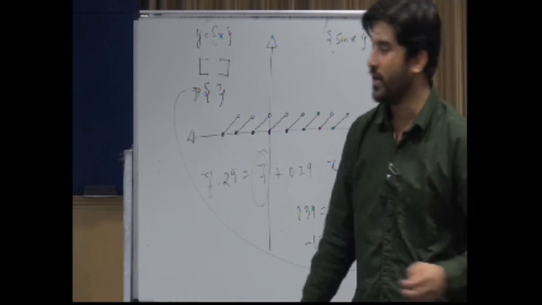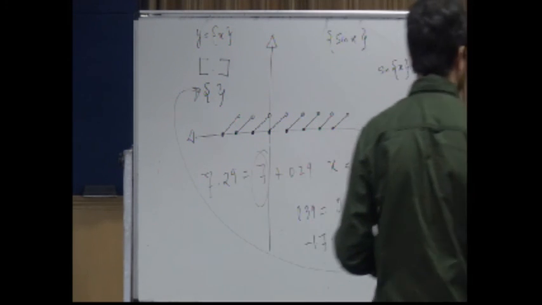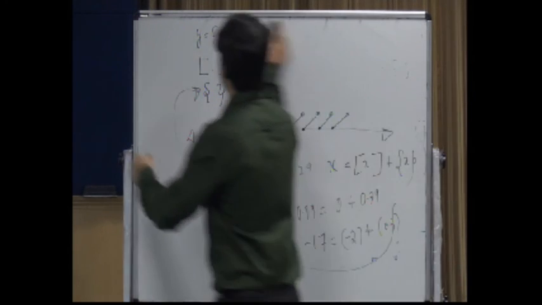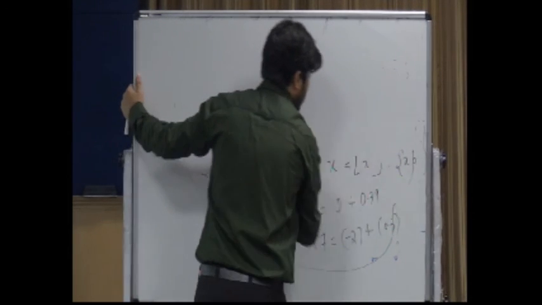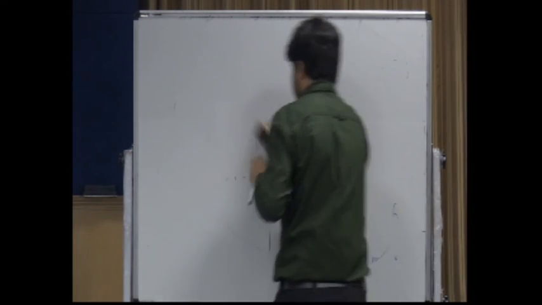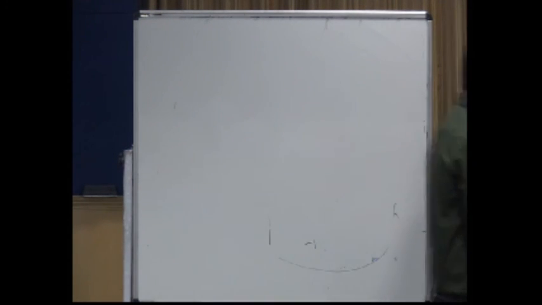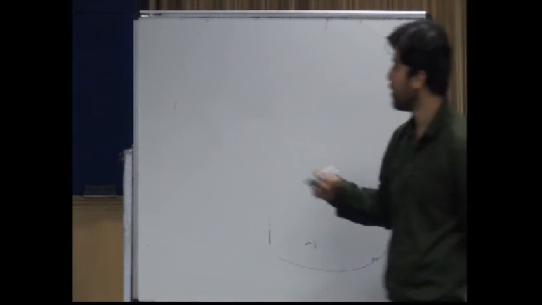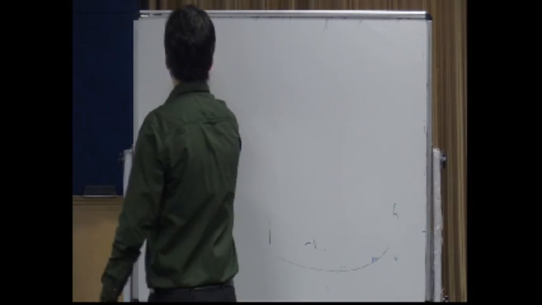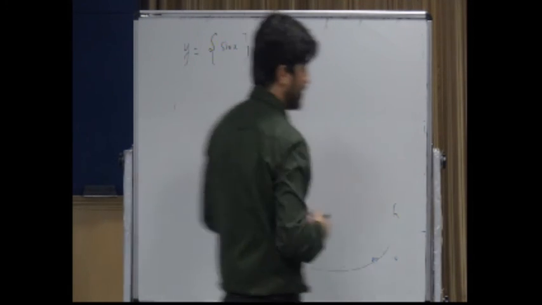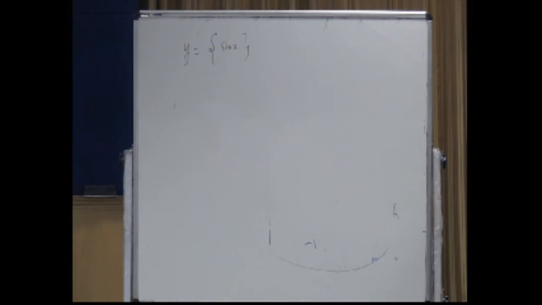Right. Now when we are drawing y is equal to curly bracket sin x, how do we go about it? It's a very easy thing. Why is it a very easy thing?